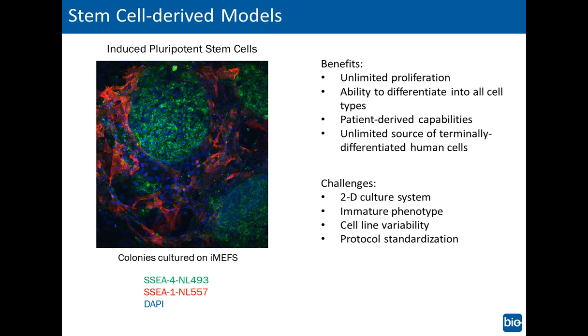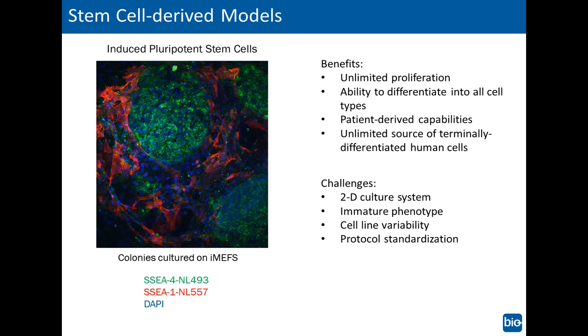So kind of combining the benefits of cell lines and primary cells. Another benefit is the ability to derive patient-derived induced pluripotent stem cell lines, giving the capability of doing personalized medicine using these cells.